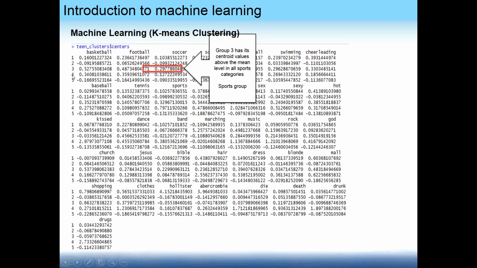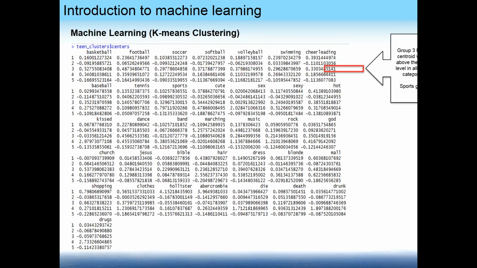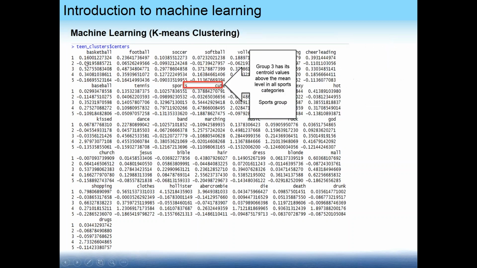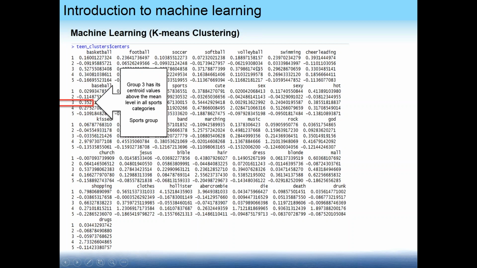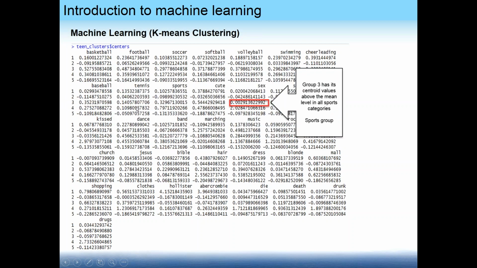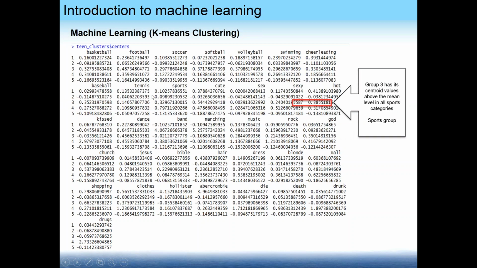For all the keywords which are related to sports, say basketball, football, volleyball, swimming, baseball, tennis, the third group or the third cluster has its centroid values above the mean level.